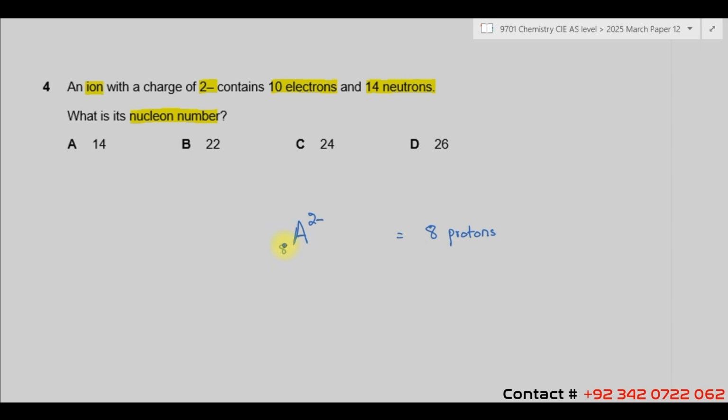So if protons is 8 and neutrons is 14, we know that nucleon number means protons plus neutrons. So protons is 8, neutrons is 14, so nucleon number becomes 22. Correct answer is B.